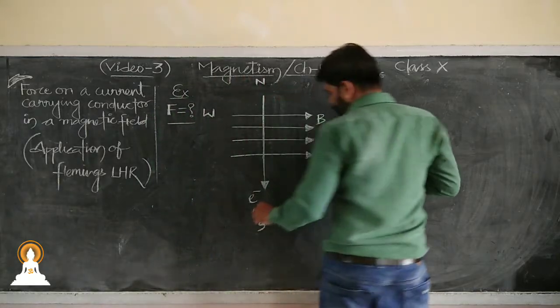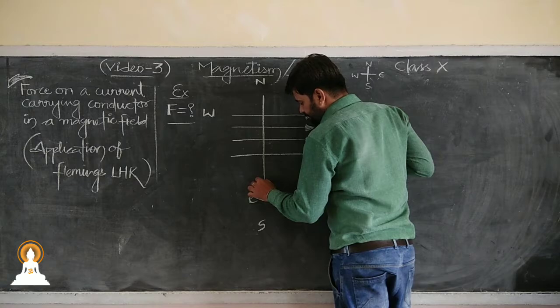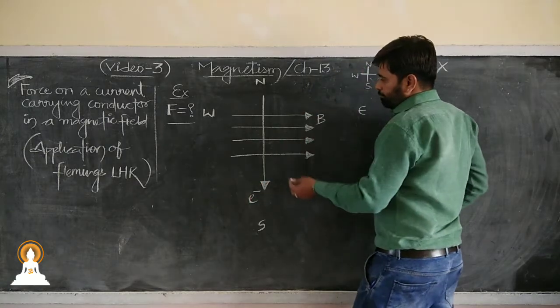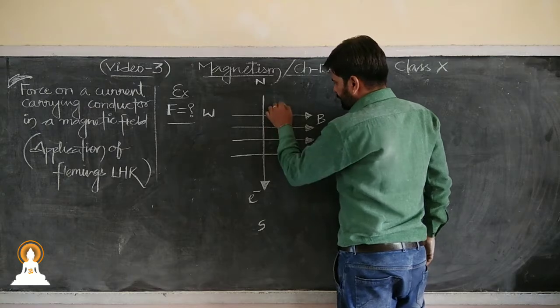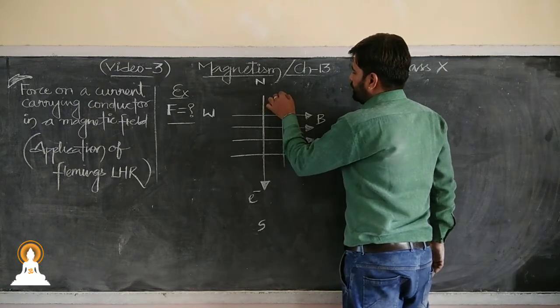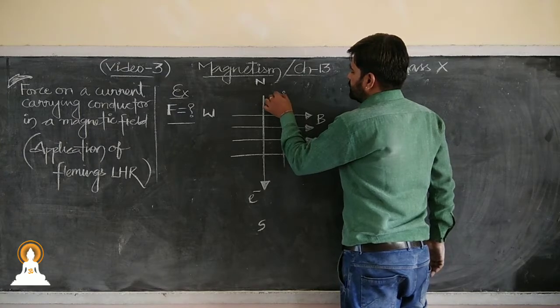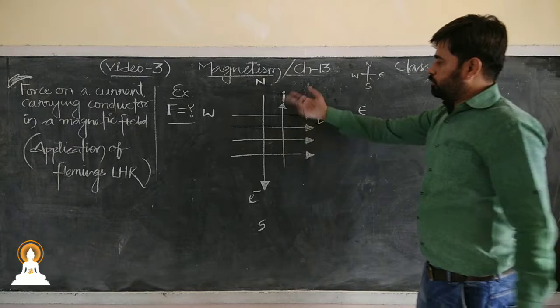So if electrons are flowing from north to south, the direction of current will be from south to north. Remember this concept.